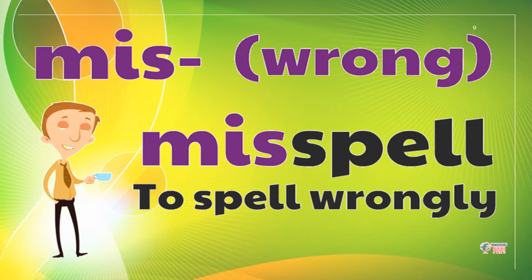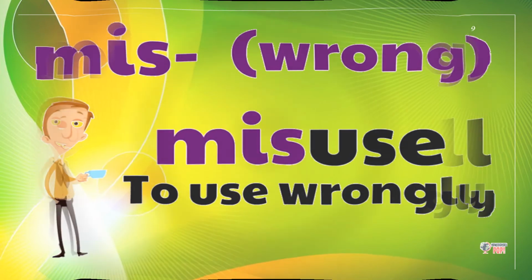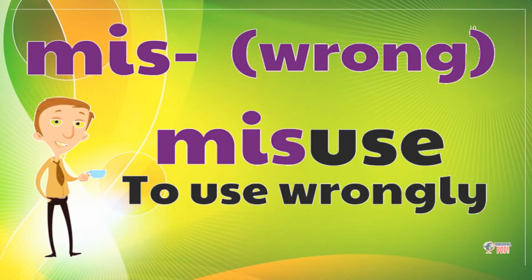So if you add mis before the root word, you get a new word with a new meaning. Misuse. Use means to use properly, and misuse means to use in the wrong way, to use wrongly.